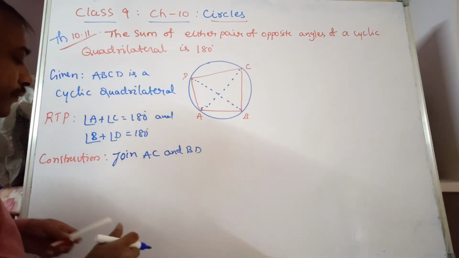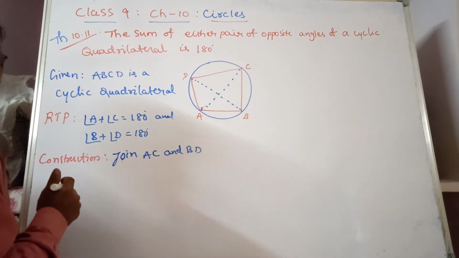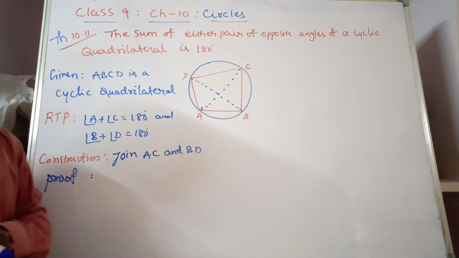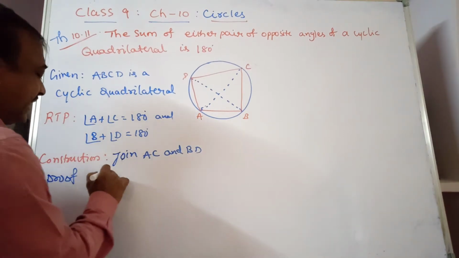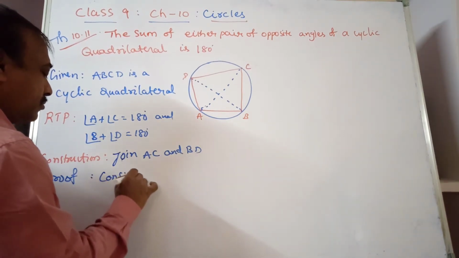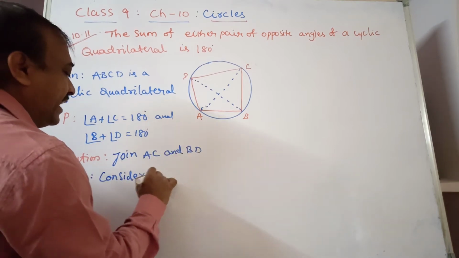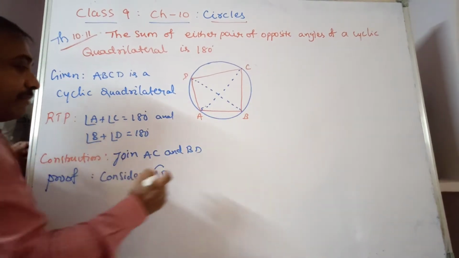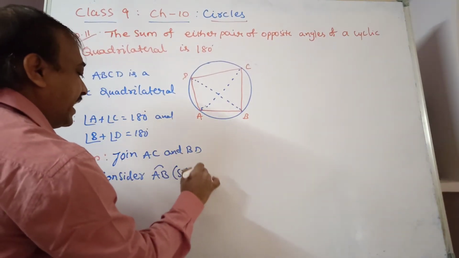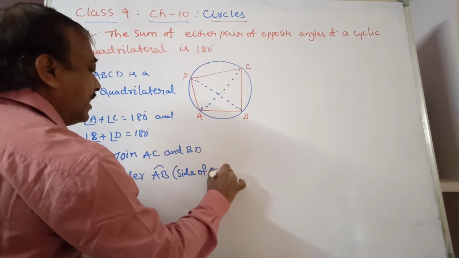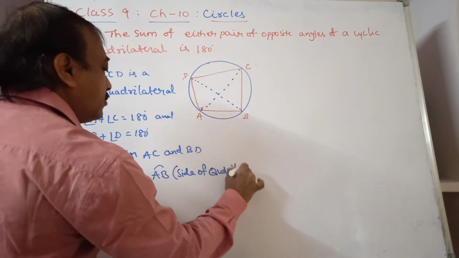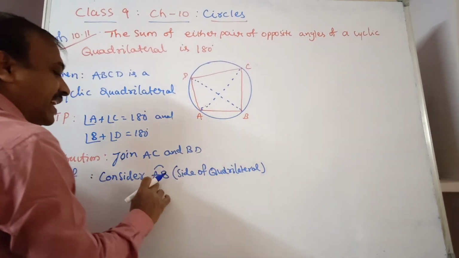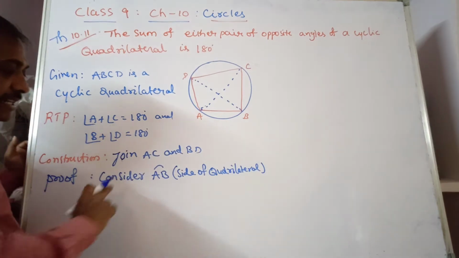Now the proof. As we know, angles on the same segment of a circle are equal. Consider AB. AB is the side of the quadrilateral, as well as the chord, that is the arc.